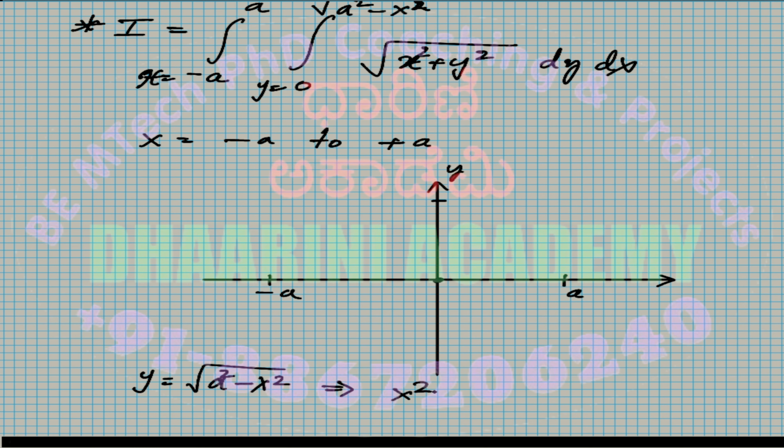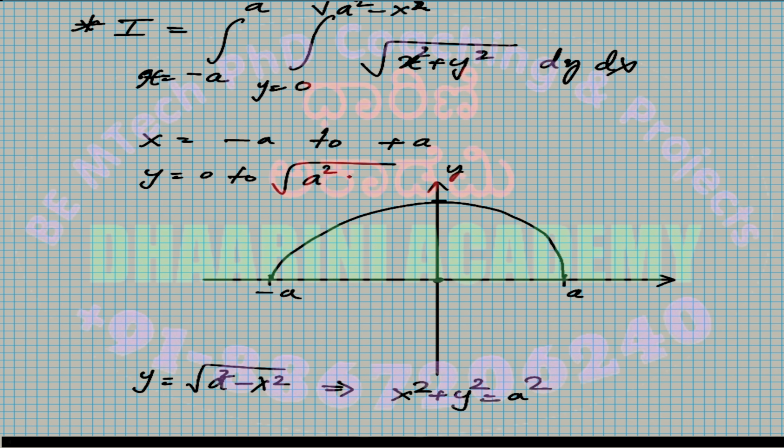So you see, x square plus y square equal to a square means they are talking about a circle here, right? So they are trying to cover a circle in this region. Now you see this is the region they are talking about. Let me write y is equal to 0 to root of a square minus x square.